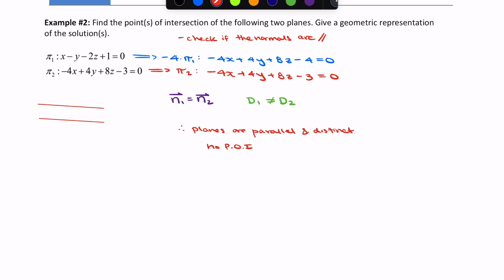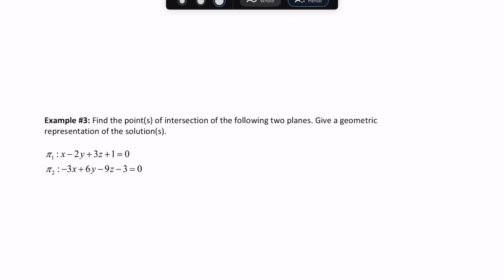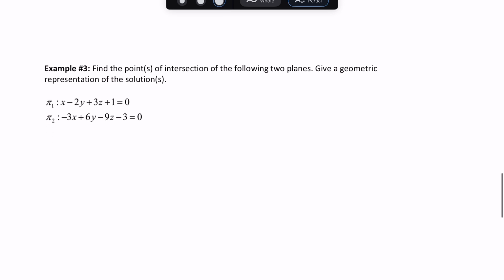Okay, so example number 3 says find the points of intersection of the following two planes. Give a geometric representation of the solution or solutions. So plane number 1 is x minus 2y plus 3z plus 1, and plane number 2 is -3x plus 6y minus 9z minus 3 is equal to 0.